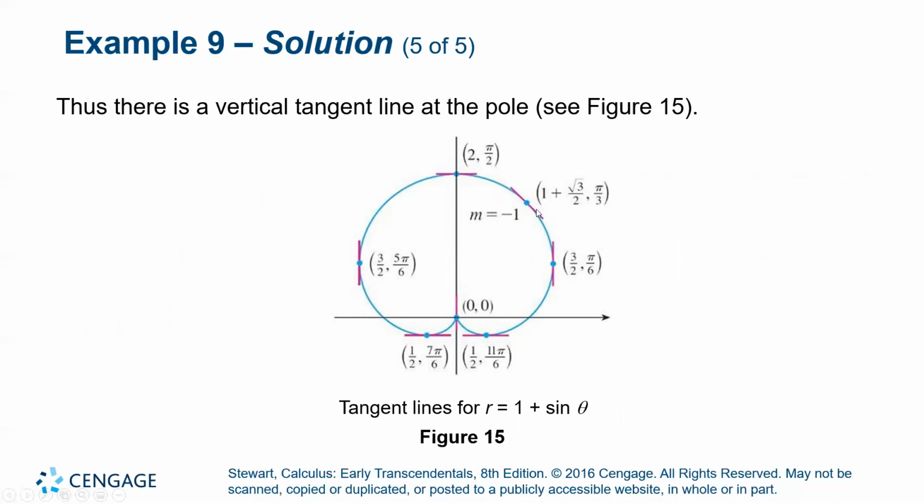We got a value of -1 for the slope of that tangent line, which you can see represented here on the graph. So this is the original graph we drew in a previous video, along with all the horizontal and vertical tangents, and then the part A that we found, the slope of the tangent line to be -1.